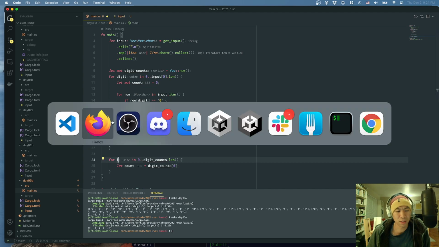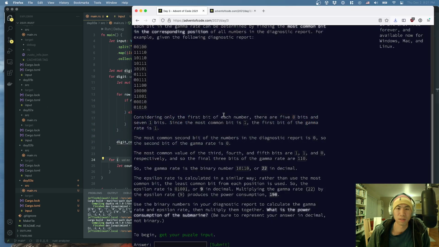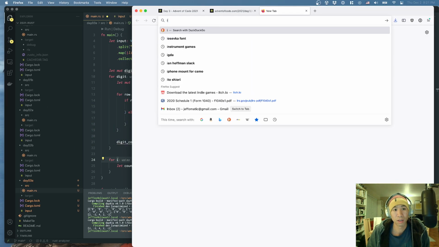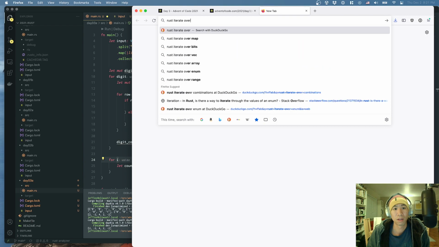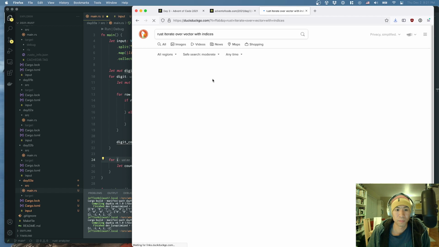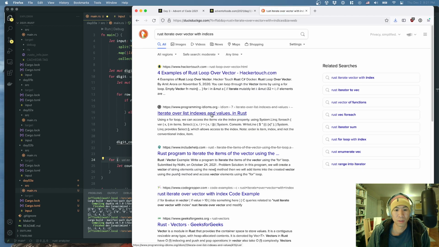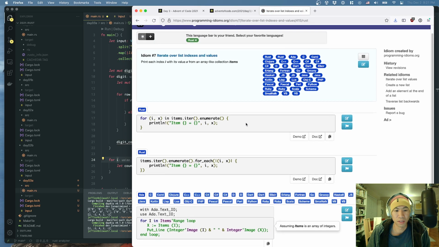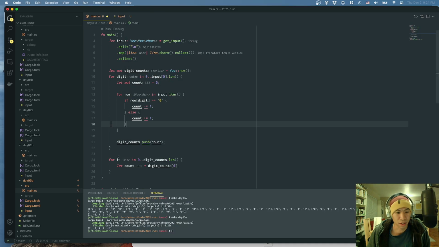There might be a way to iterate over values and indices in Rust. Let's just double check. Iterate over indexes and values. Items.iter.enumerate. I knew that. So do a tuple here.